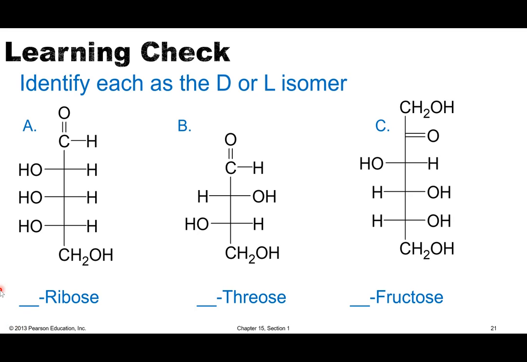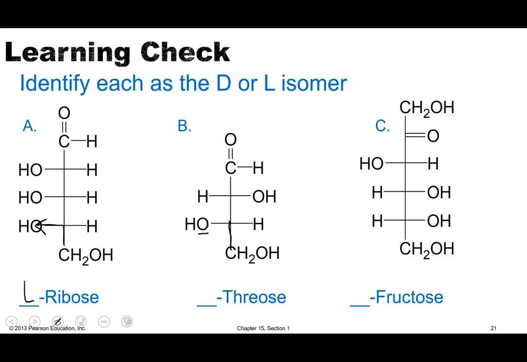Okay, so again, for this L or D, we're going to look at the hydroxyl group right above the seat, right above the bottom there. So for this ribose, we see that the hydroxyl or the OH is on the left. Remember, the left is the one that makes sense. So with it being on the left, that's going to be L. For this guy, again, we're going to go right above the seat.